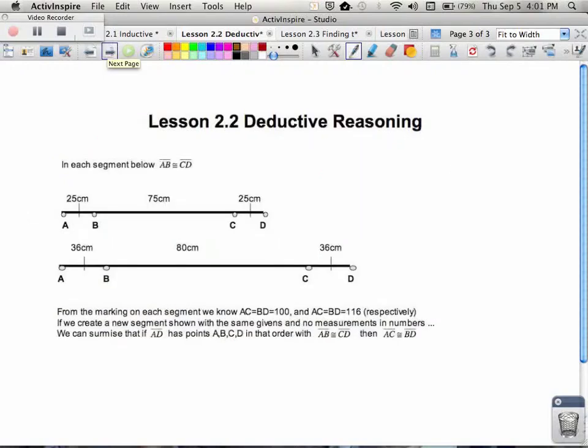And then lastly, kind of a combo between pictures and numbers here, we have some segments. So I know that in this picture, I'm being told that segment AB is congruent to CD, and you see the markings. So if I put that down there, what I know is this AB equals this CD, and this AB equals this CD. That's given information.